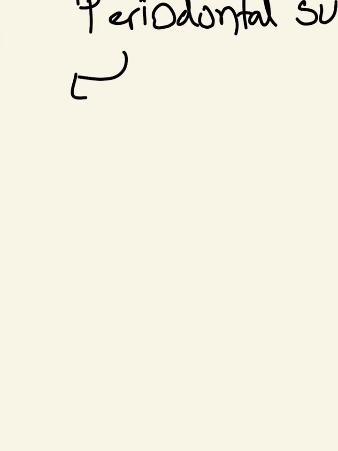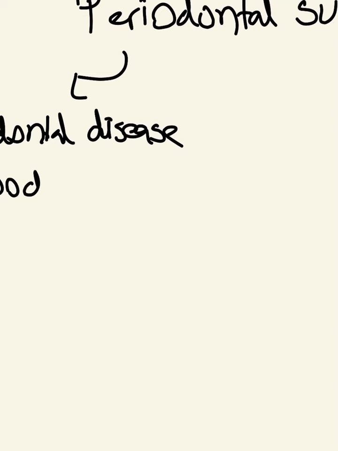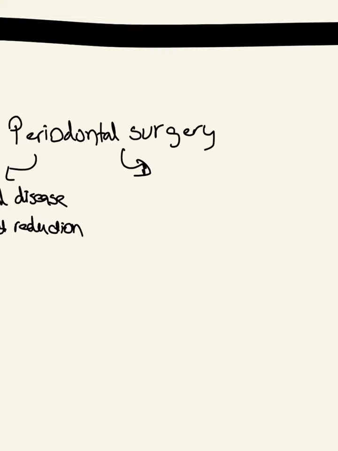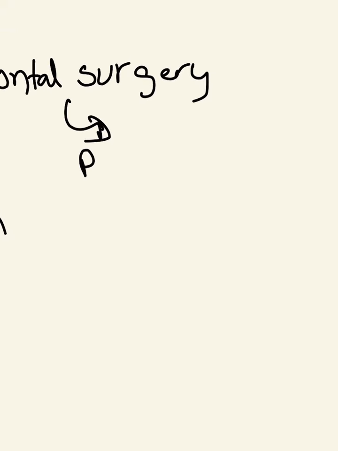If we have periodontal disease, for example, we do the pocket reduction surgery. The second type of surgery is periodontal plastic surgery.